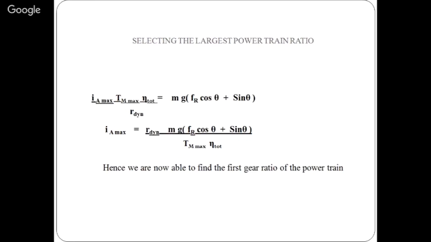Clear? From here, I_max is equal to R dynamic m g f_r cos theta over T_max. Hence from here, we calculate the first gear ratio. Clear?